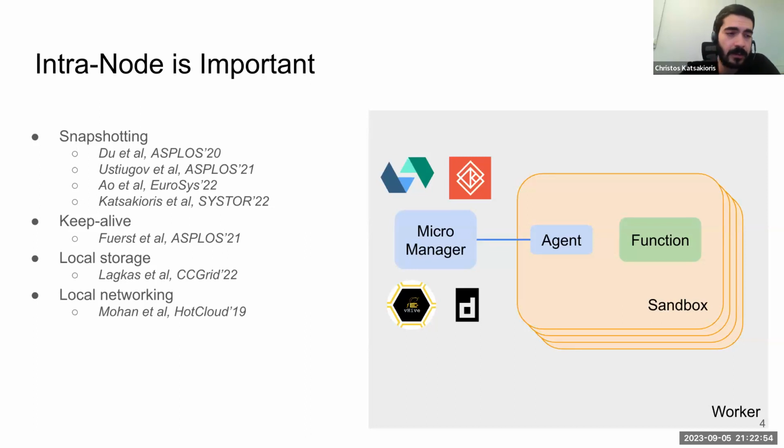Other examples include resource allocation on a single node, be it sandbox caching or keep-alive policies, or pre-allocation algorithms for local storage or networking to be used by function sandboxes. So we see that intra-node research exists and is important.